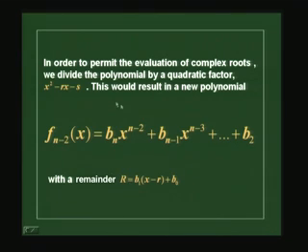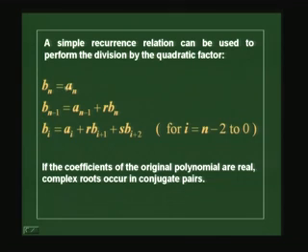Now, the advantage of this method is that, given an r and s, we can determine these coefficients bn, b(n-1), b2, b1, b0, etc. by a relation of this form. That gives us a great advantage.